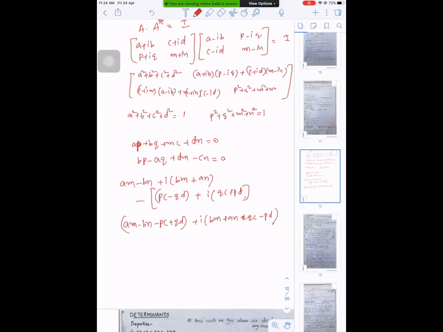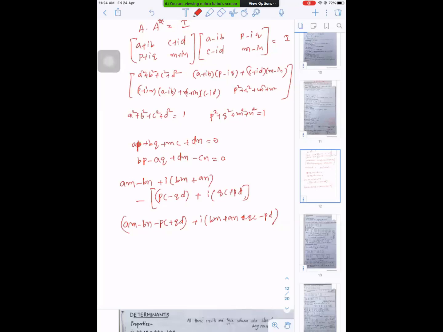Is anything directly cancelled here? Nothing; no term is common, the combinations are not. So if you check the magnitude, because the magnitude is one, anything that comes like this is fine.